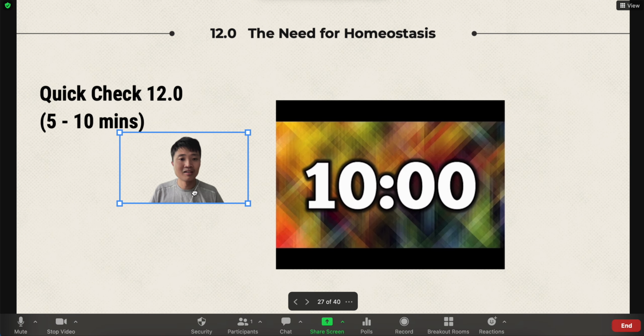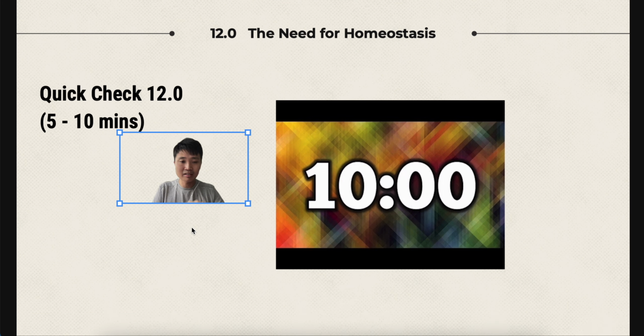Give quick check 12.0 a try. I won't be going through the answers here. Next week, either during HBL or in week 3 when I see you, I'll go through this with you. Please do it, because when you write, you'll be able to concretize your knowledge.